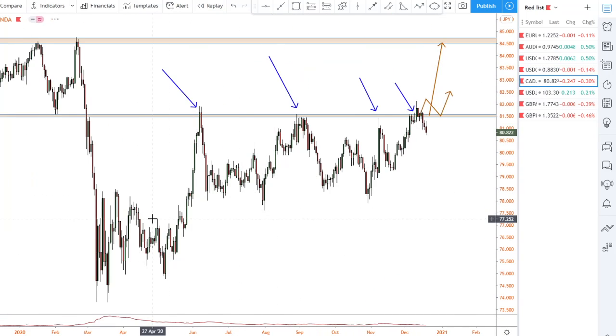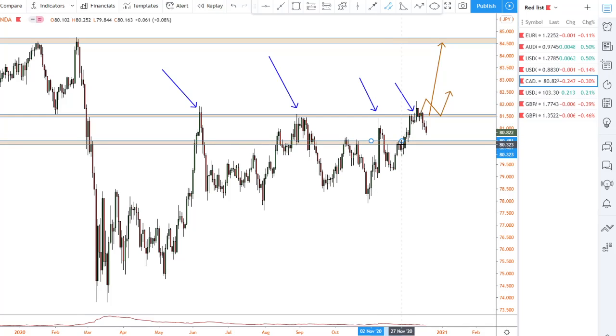Okay, so the next one is CADJPY. This has been in our list for the past couple of weeks, I guess. As you can see, there have been multiple rejections from this level here, so I would be interested in buying this and expect the price to break that barrier this time, somewhere here maybe. So if you get a nice buying opportunity, I'd be looking to buy and expect the price to break this barrier this time.